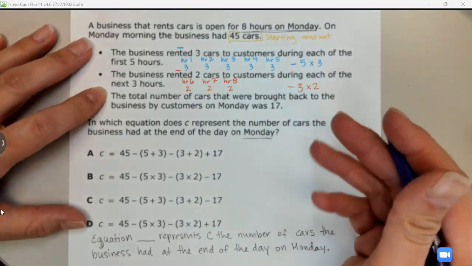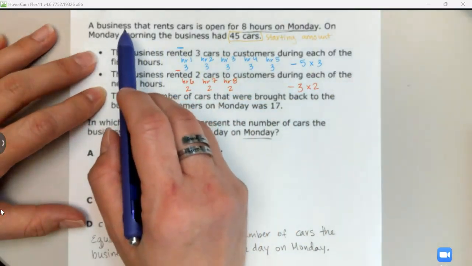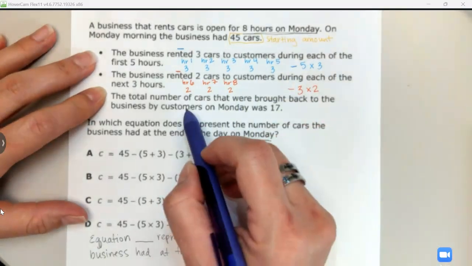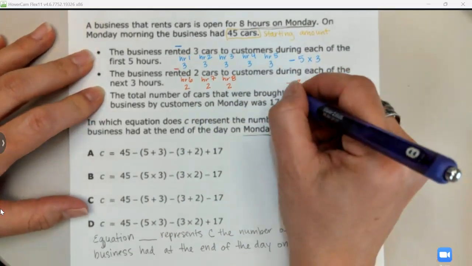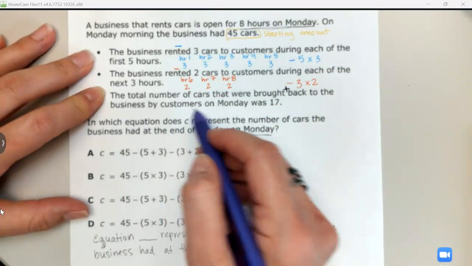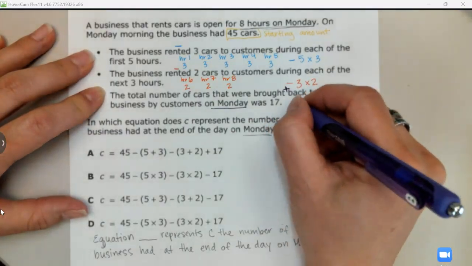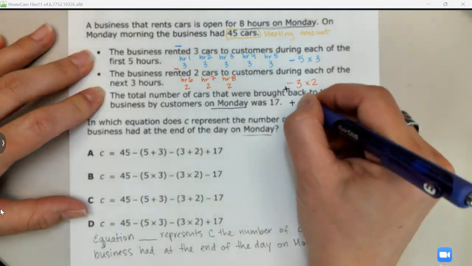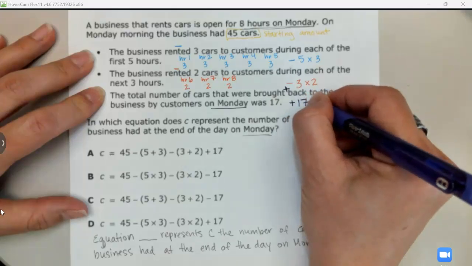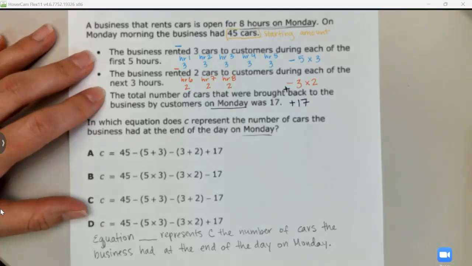Because we're talking about the amount of cars the business has, if they brought cars back, that is going to be addition to the business by customers on Monday. So this is going to look like plus 17. It's only going to happen once, so we're not going to be using multiplication.